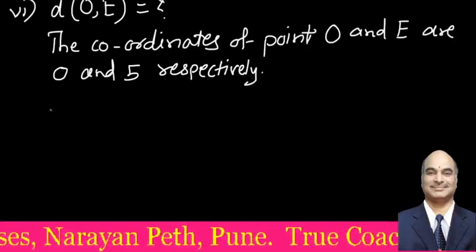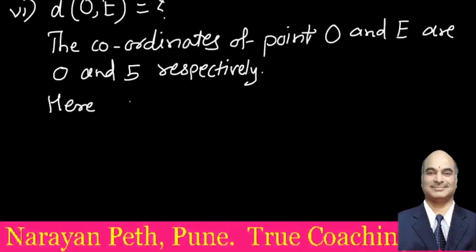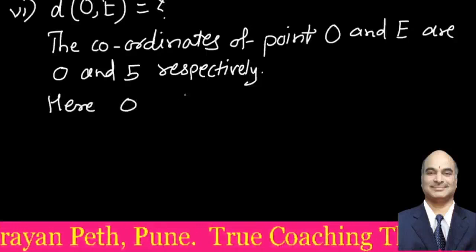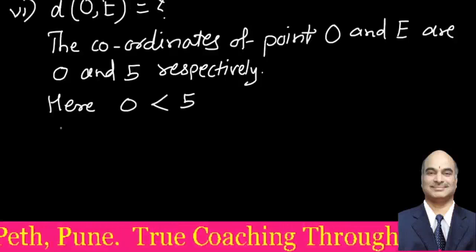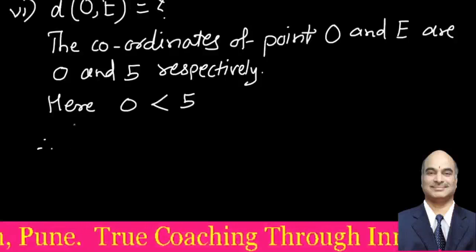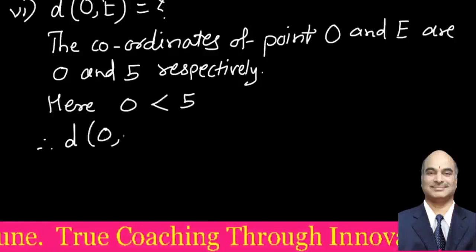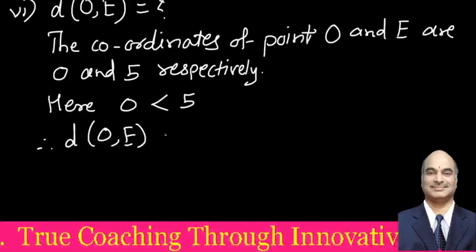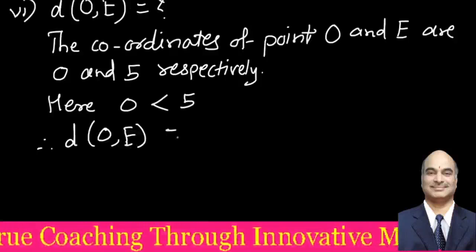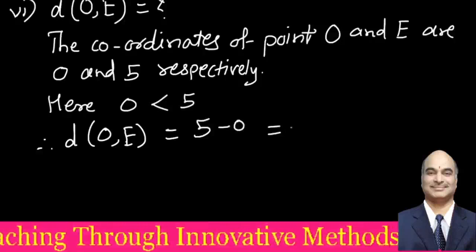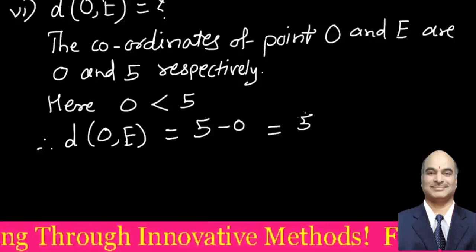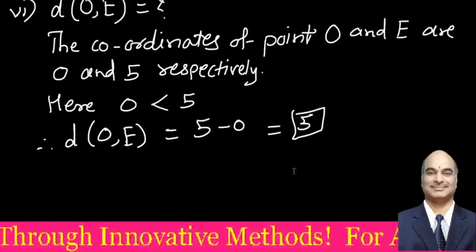So now we compare 0 and 5. 5 is greater than 0, both are positive numbers. So to find the distance between O and E, we subtract the smaller number from the greater. 5 minus 0 is equal to 5. That's our final answer.